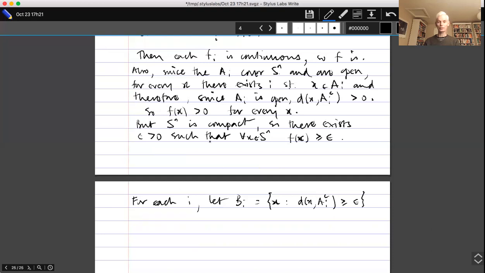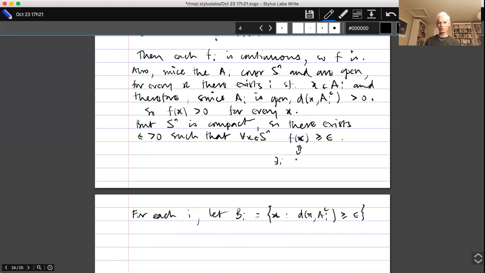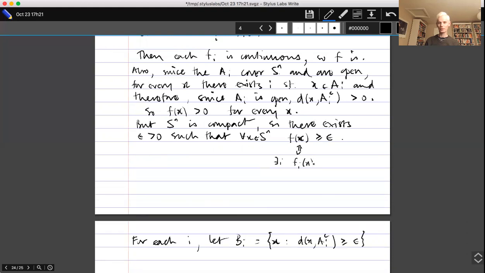We've just seen that for every x... wait a moment. Oh, sorry. We know that for every x, f of x is greater than or equal to epsilon, and that is equivalent to the statement that there exists an i such that f_i of x is greater than or equal to epsilon.